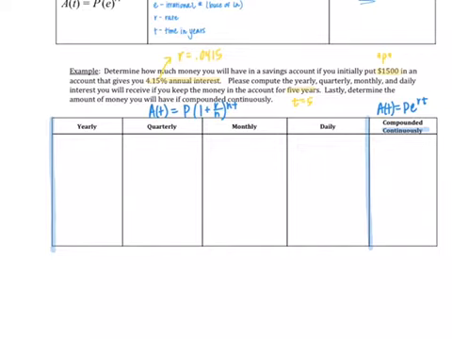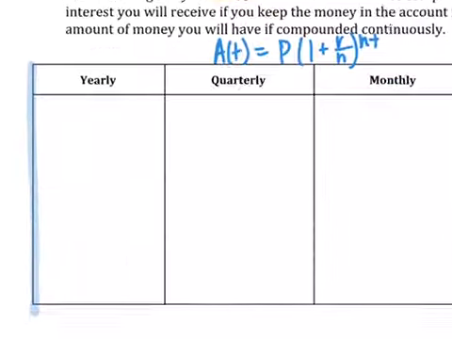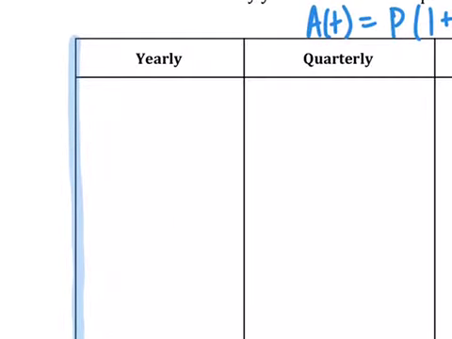So I have all the information that I need now to go ahead and plug into each of these different equations. So let's start here with the yearly. For the yearly, I would say A of T is equal to the $1,500 that I'm initially investing times 1 plus the rate, which is 0.0415, divided by 1 because we're just compounding it once a year, and then it'd be to the nt, so 1 times 5. Okay? Quarterly is only going to look slightly different.